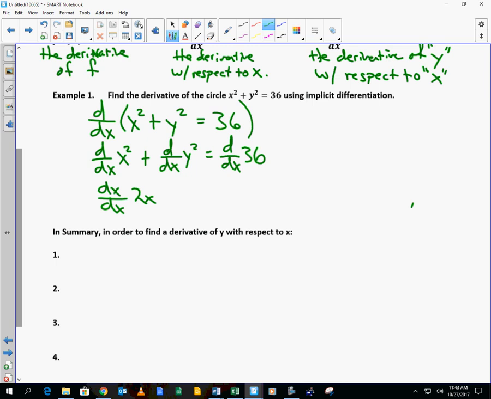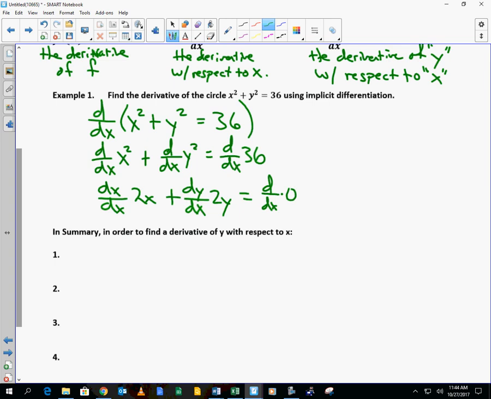It got absorbed right up top there. Plus, what do you think the derivative of y squared is? 2y. And the y gets absorbed up top there. And what do you think the derivative of 36 is? So you have d over dx times 0.